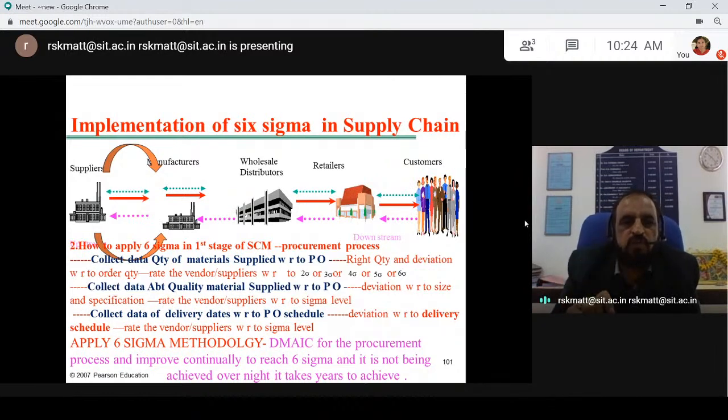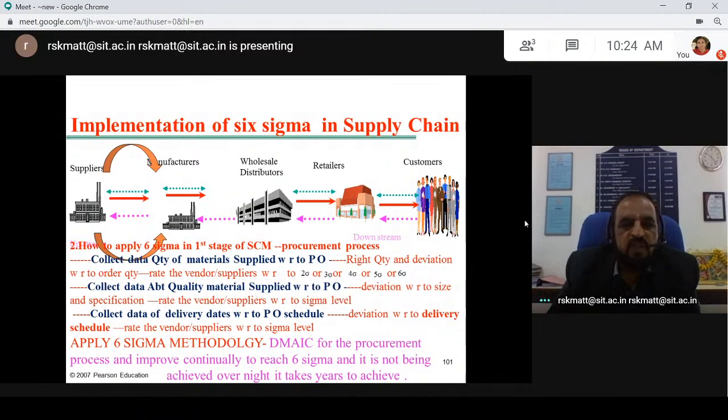So measure, identify the factors, and find what sigma level we are presently at with respect to the purchase of the material, in terms of quantity, quality, and delivery. Then identify and improve, and we can reach Six Sigma.